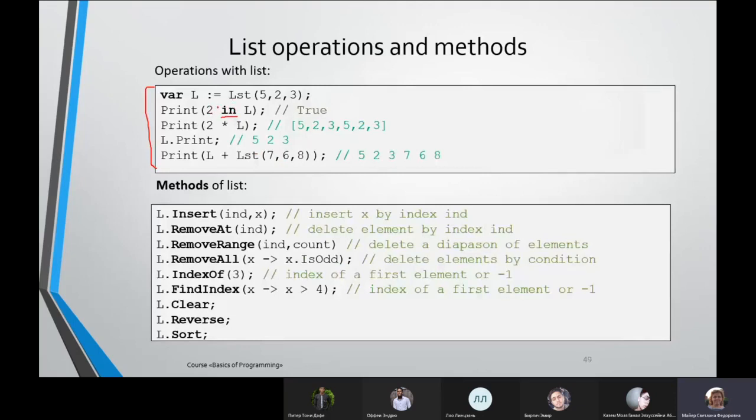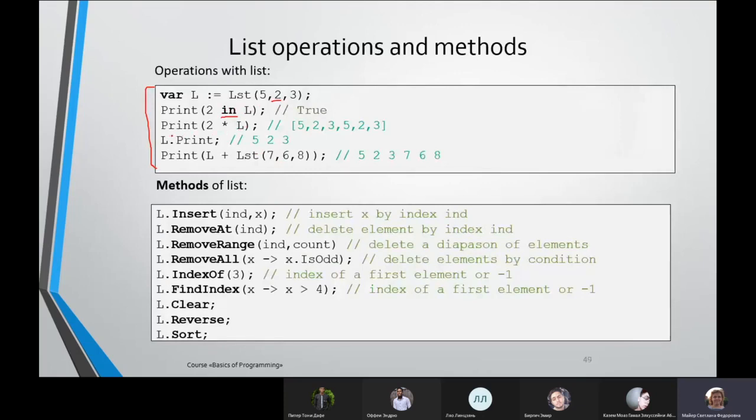We try to understand if some number is inside this list, is among the list values. So it will print true here, because we have 2 here. Yes, so 2 is in this list.